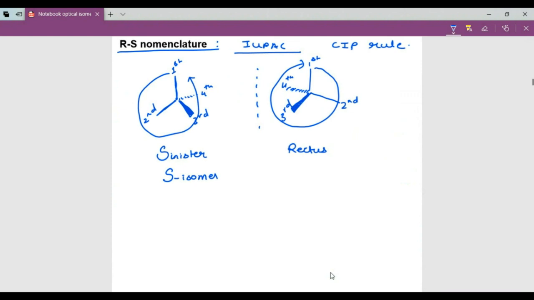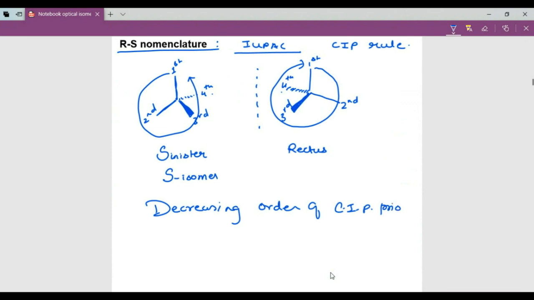So how do you assign? You arrange the four groups attached to the chiral center as per CIP, Cahn-Ingold-Prelog sequence rules. Visualize the tetrahedron such that the lowest priority group is directed farthest away from us. And then for the rest of the three groups, you draw an arrow in decreasing order of CIP priority.